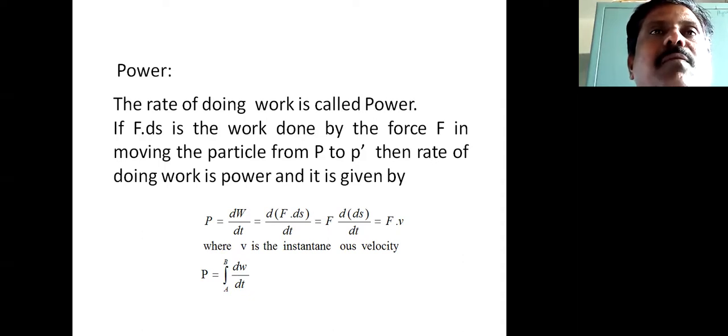So the amount of power in shifting the particle from the point P to P dash is obtained by the integral from A to B of dW by dt. Okay, thank you.